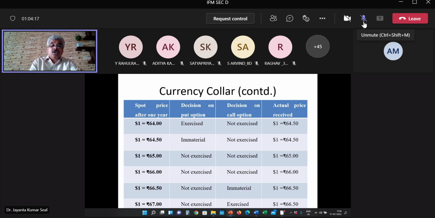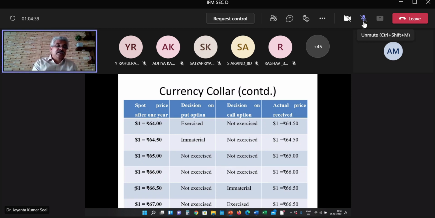Right. So none of you are exercising. So what will happen? You have to sell it in the market at the market price, 66. Yes or no?